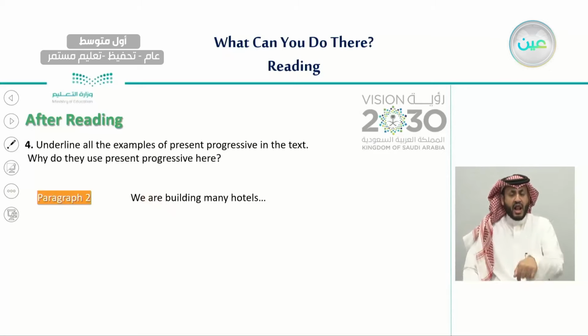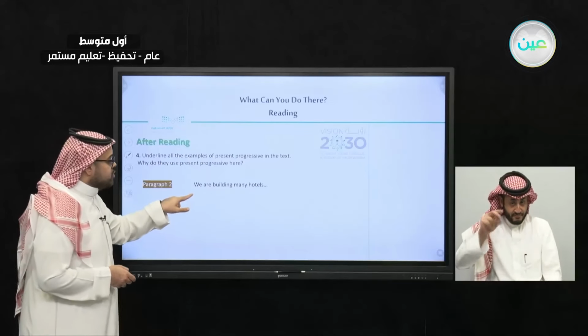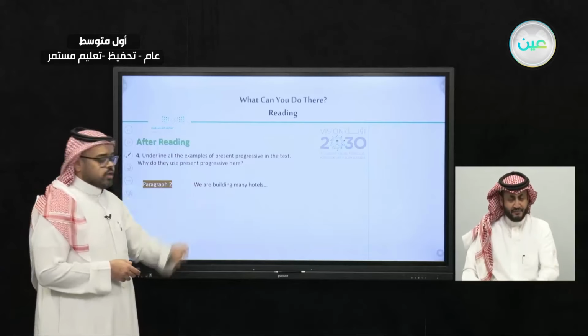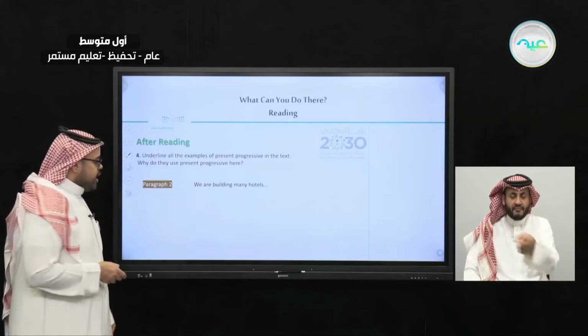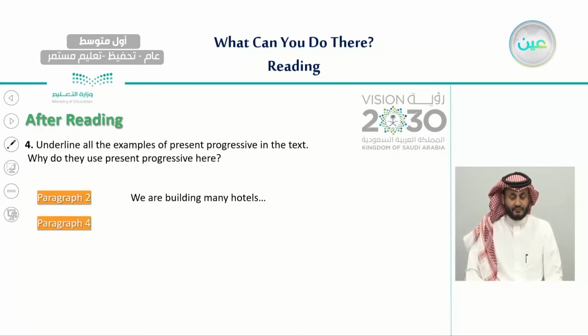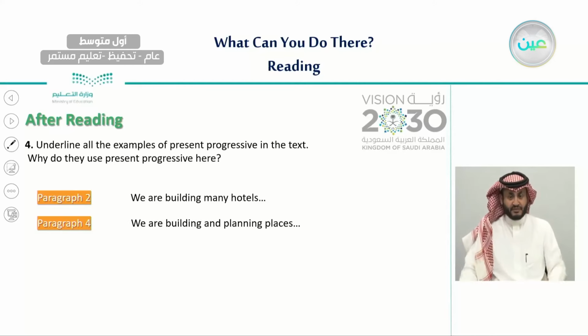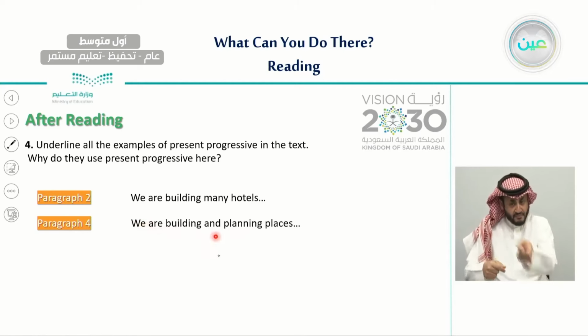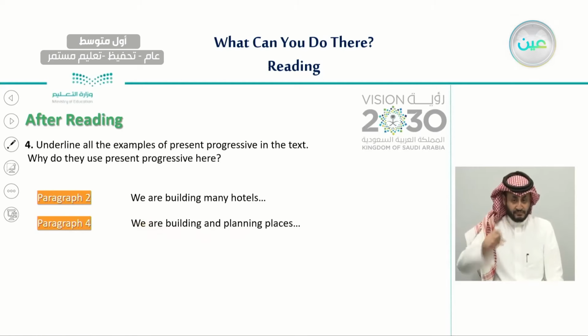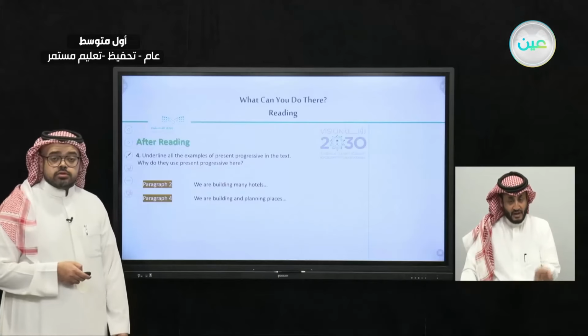So here in the second paragraph, we should underline this, we are building many hotels. And in the fourth paragraph, we have the other sentence, which is, we are building and planning places. So these should be underlined too.